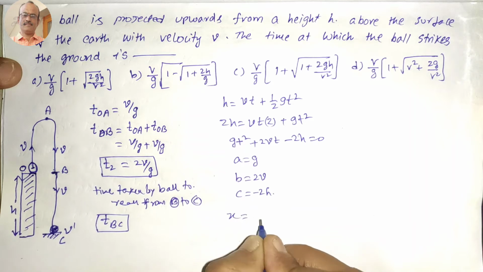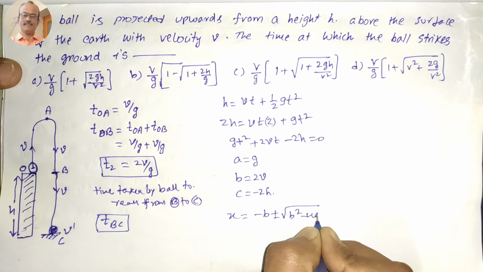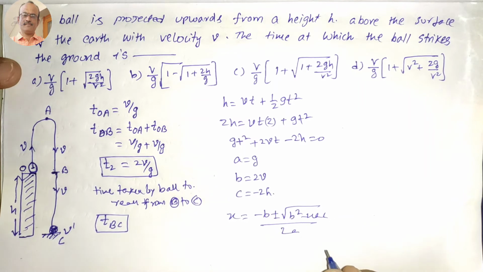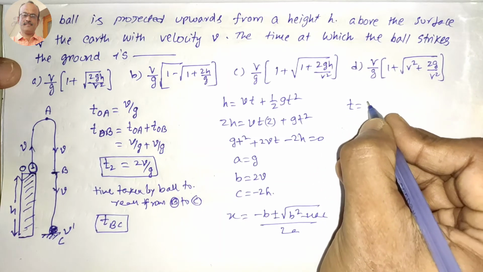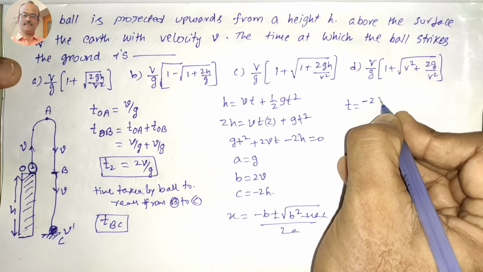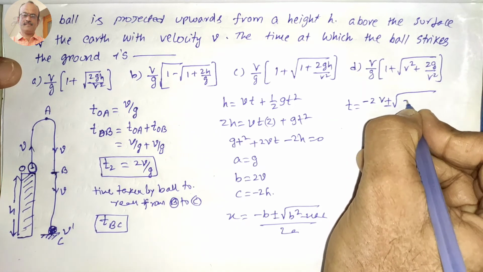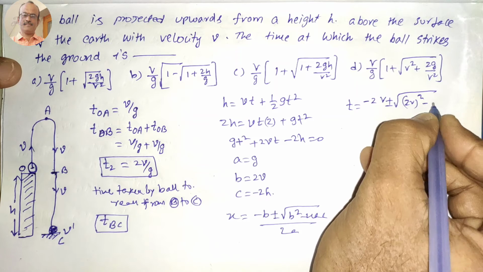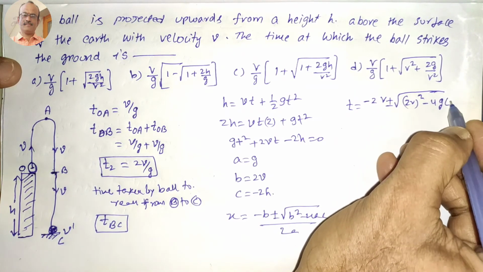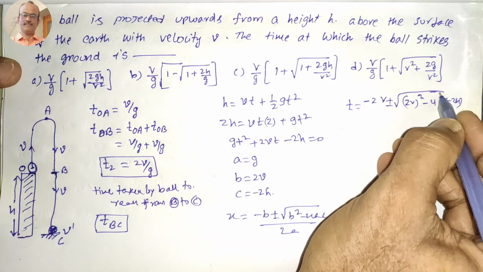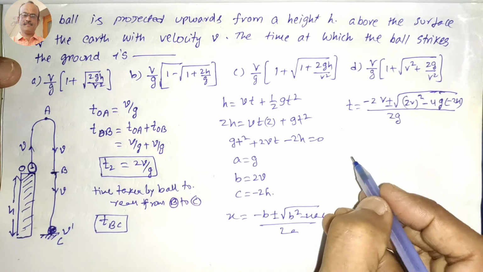We know the formula x is equal to minus b plus or minus square root over b square minus 4ac, by 2a. When we substitute the values here, t is equal to minus 2v plus or minus square root over (2v) whole square minus 4 into g times minus 2h, divided by 2a, which is 2g.